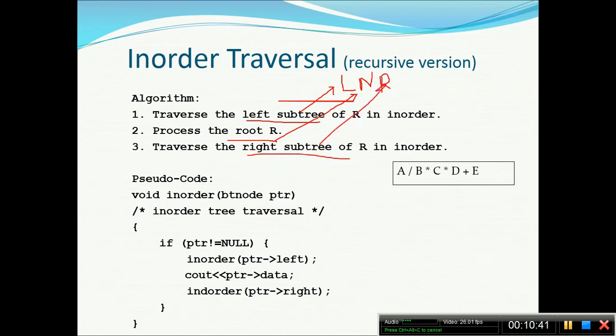So it is L, node, and R. Left subtree, node, and the right subtree. Same idea. Process the left subtree in in order traversal. The same, it is a recursive call. Then the data part, print the data, that is process the root R, and then jump again into the right subtree in the same way in the in order traversal.